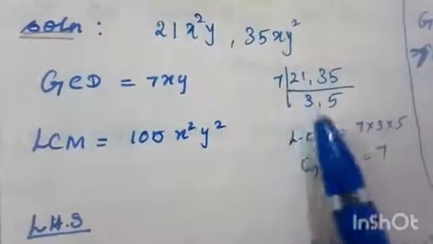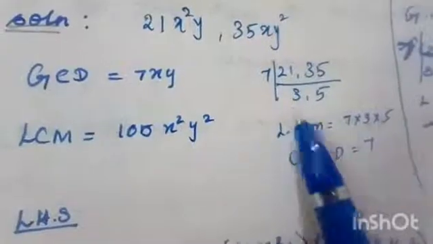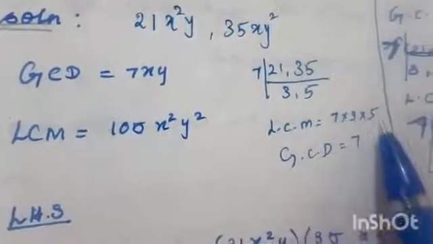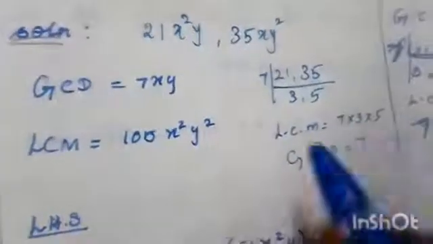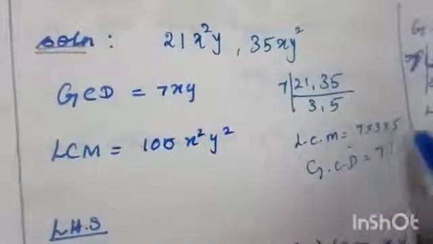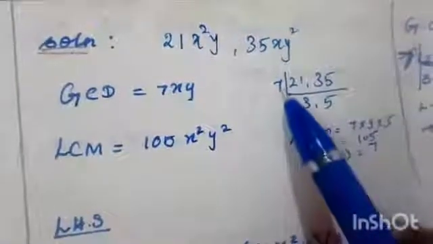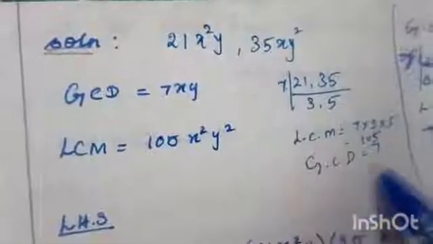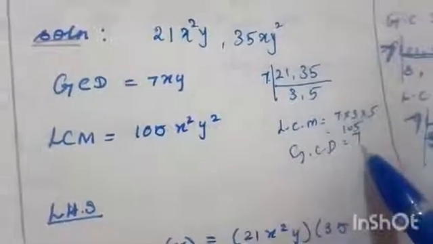Common factor is 7, independent factors 3 and 5. So 7 into 3 into 5. 7 threes are 21, 21 into 5, that is 105. GCD means the common divisor, so GCD is equal to 7. So LCM is 105, GCD is 7.